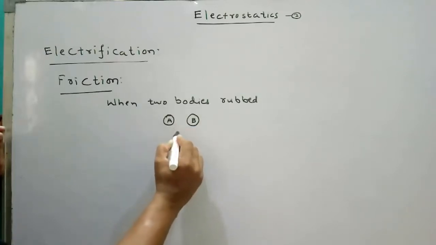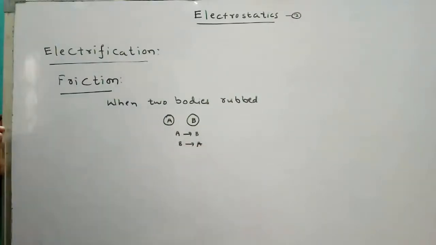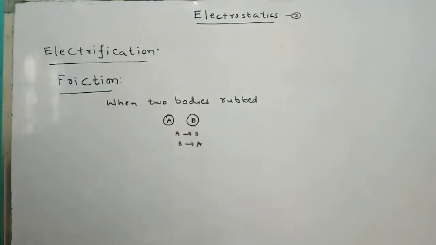Like this, from A to B or B to A. Electrons are transferred from A to B or B to A.